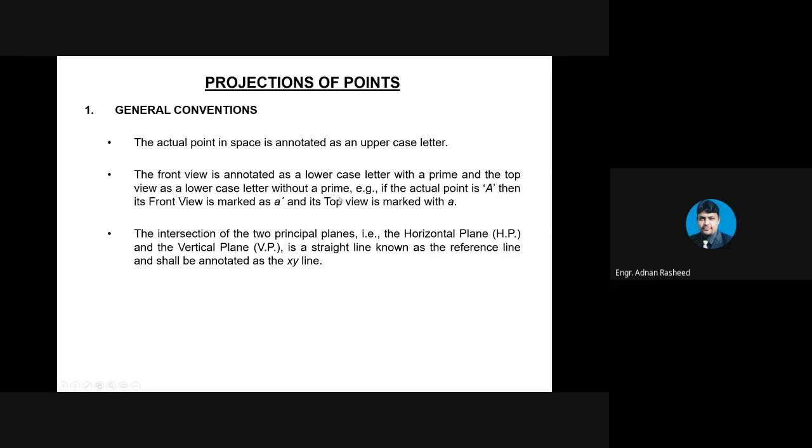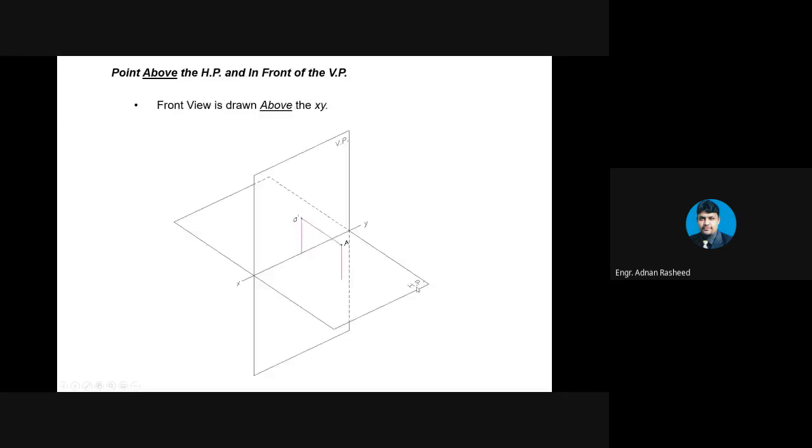For example, what does it mean? It means that if you have a point, now this is a point A. You can see this is a point A. The actual point is represented with a capital letter. And if we project this point on this plane, that is the vertical plane, and you are watching the point A and you are standing over here, what if you project this point on this plane?